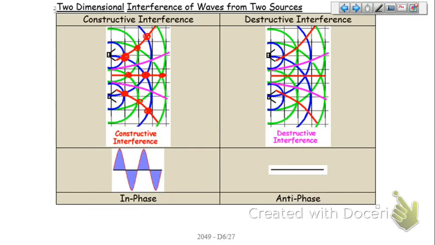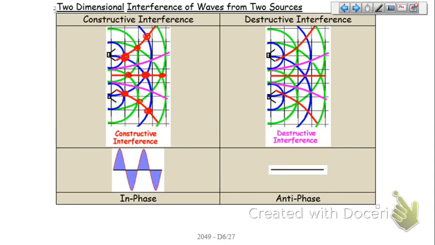If you were on a lake with these things rippling and you were anywhere on that line with your boat, you would feel the ripples really strongly because of this constructive interference. If you were in a room, you would hear the sound really loudly because of the constructive interference.